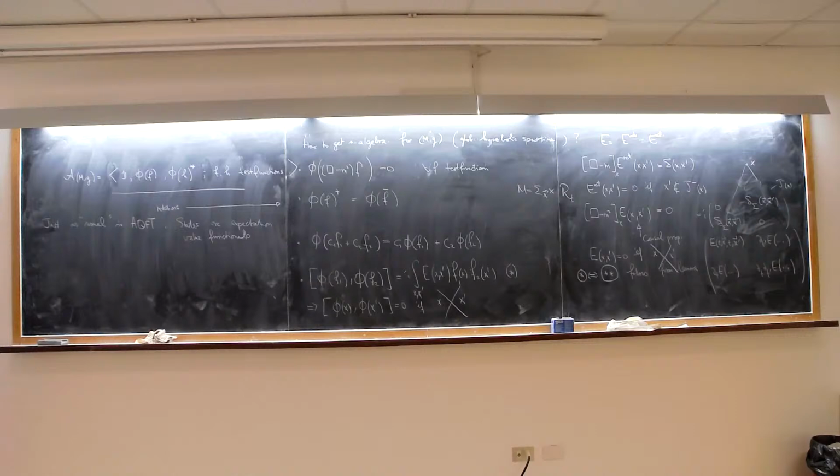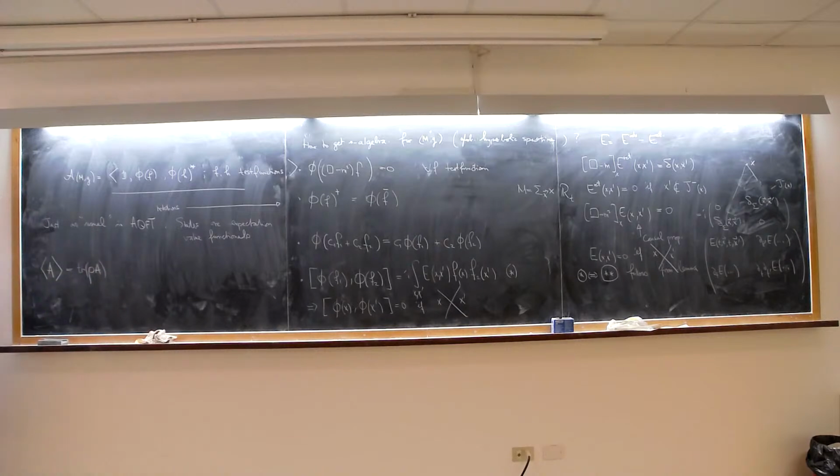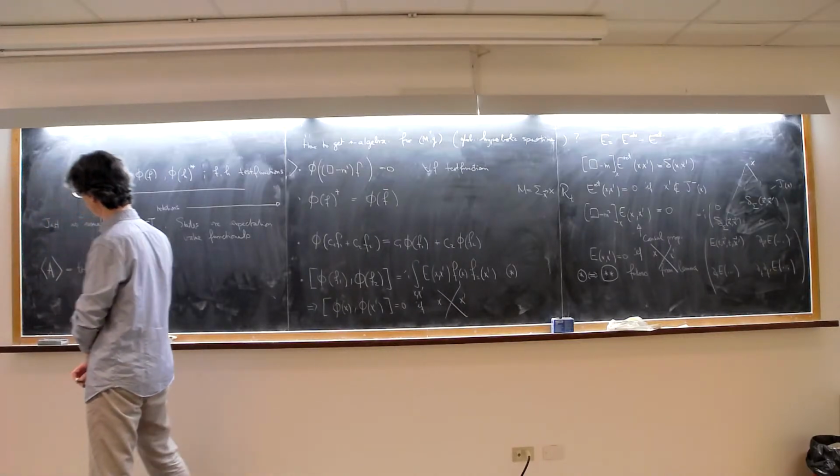In ordinary quantum mechanics, we are used to writing the expectation value of A in a general mixed state as usually meant to be trace of rho A. This is the expectation value functional.